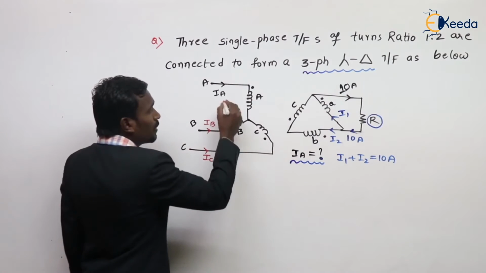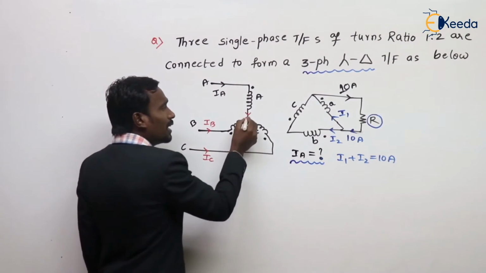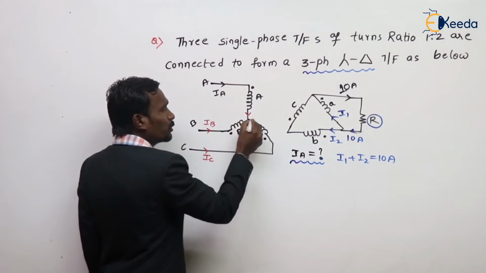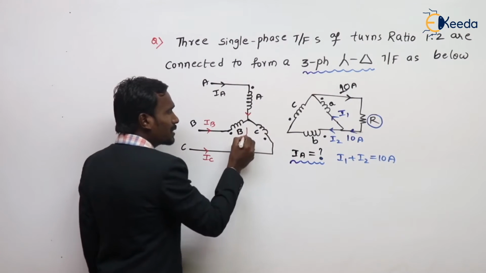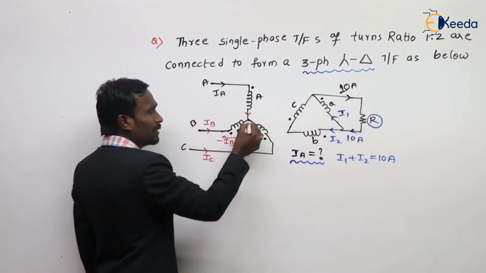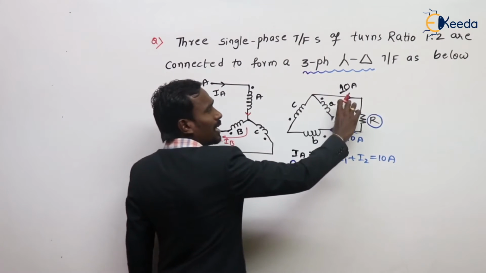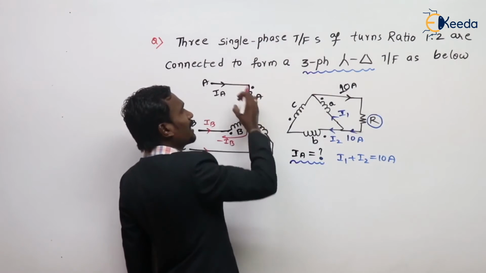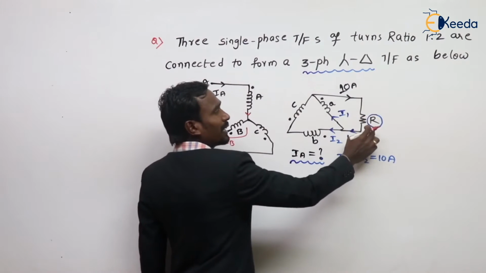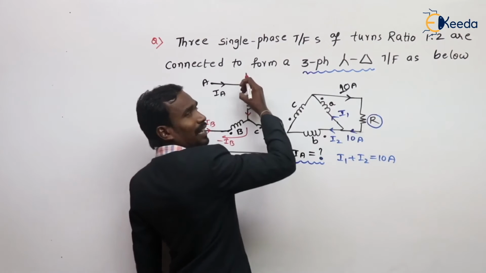But see here the IA current comes up to here, and then after this IA is divided into two parts. One is taken as minus IB, because this is IB, this is minus IB. There is no current drawn actually. Only the A phase will draw the current from the supply, because we are connecting the load only to the A phase.